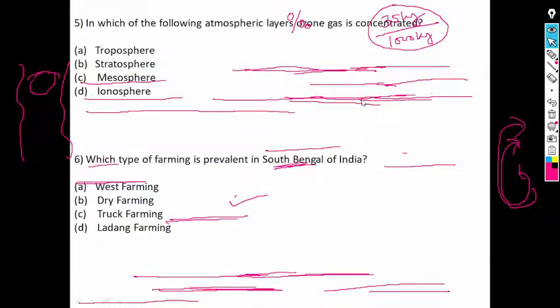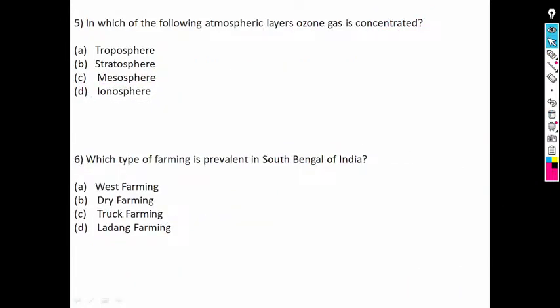Next question. In which of the following atmospheric layers is ozone gas concentrated?